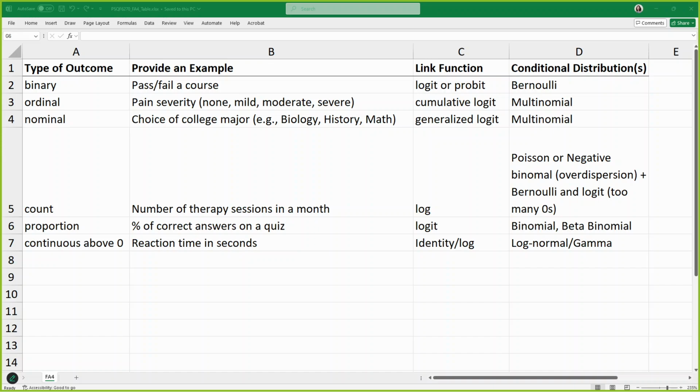Now, when we talk about proportions, for example, the proportion of correct answers on a quiz, we can use again the logit function and we can use binomial or beta binomial distributions to fit our model. The difference between binomial and beta binomial is the flexibility. In the binomial distribution, similar to what we have in Poisson, we have one parameter to define the location of the distribution, the mean.